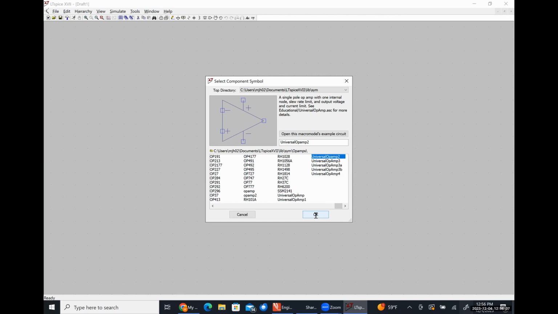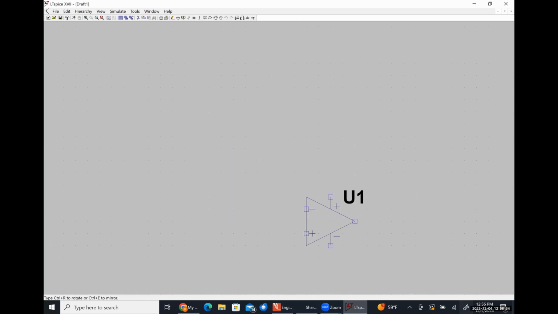All of them are configurable, so we can edit parameters like input resistance, output resistance, open loop gain, gain bandwidth product, slew rate, a whole bunch of other stuff that doesn't make any sense to you guys, and half of it doesn't make any sense to me. But we're going to stick with universal op amp 2 for the intents and purposes of this class.